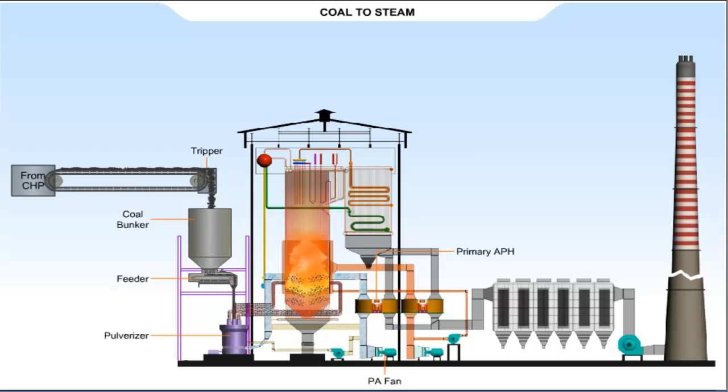Simultaneously, the secondary air from the forced draft fan is also sent to the furnace for combustion, after being heated to a desired temperature in the secondary air preheater by utilizing the heat of exit flue gas. Air preheaters are located after the economizer in the flue gas flow path.